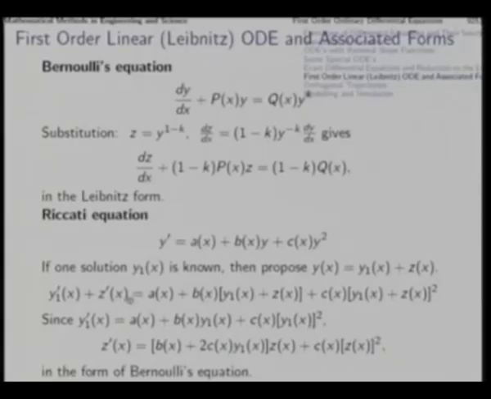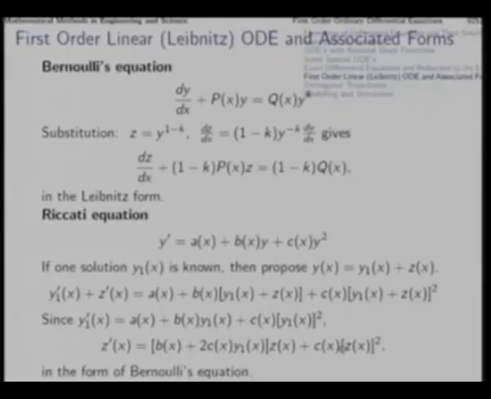Now as we subtract these two equations, y1 prime goes off, z prime remains here, ax goes off, this term goes off, and this term remains. So bx z remains. From this whole square, as we subtract, c y1 square goes off and the other two terms remain. One of them is linear in z, that gets put here; the other is quadratic in z, that is here.